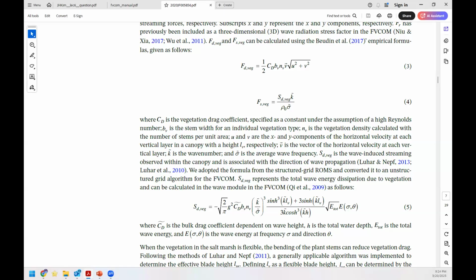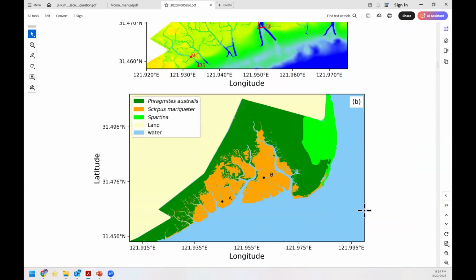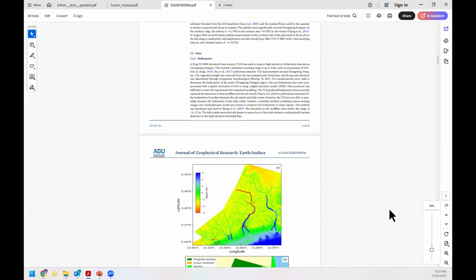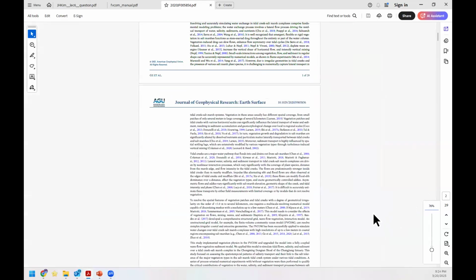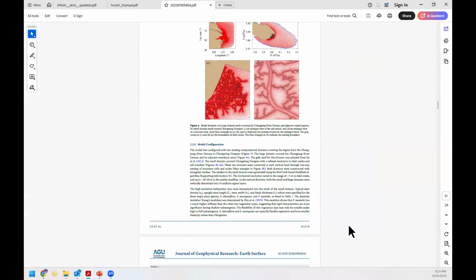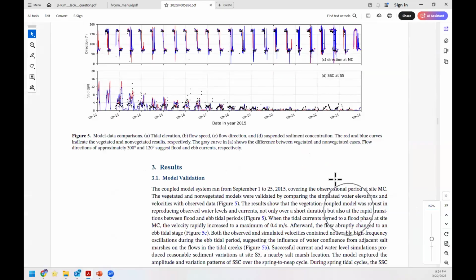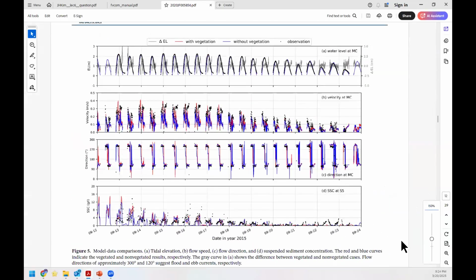Look at a picture, I'll show you. That's a very nice observation. You look at the time series picture, the first picture. Can you make it bigger? You see what really happens when you include vegetation.